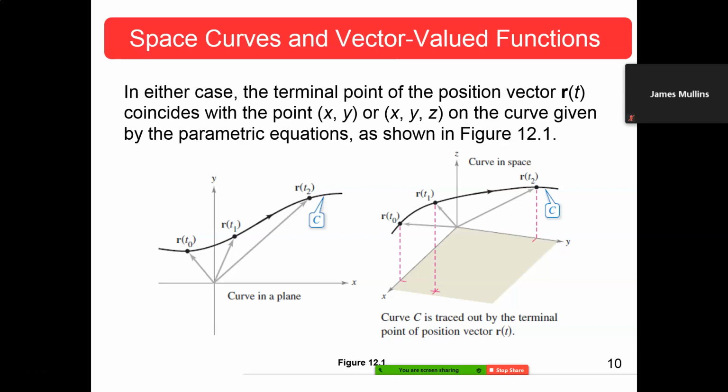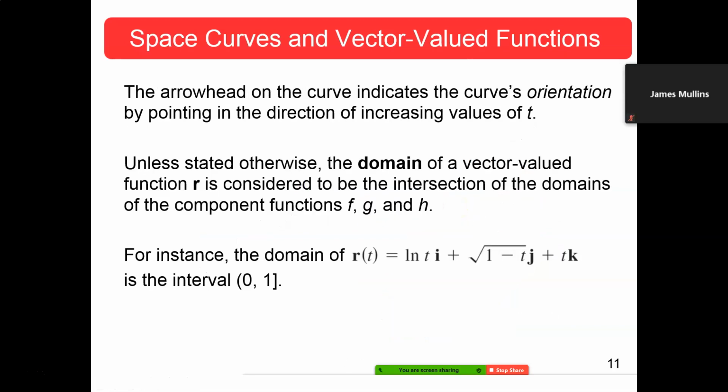Sorry about that, folks. Okay, so this is a curve in the xy plane. This is a curve in space, coming out at you and then going back in toward the board. Just looking at them, they both look like they're in the plane because they are on a plane, but you have to get that third dimension visual in there, and that's why they put the little marks down here in the xy plane and then draw up to the z space.